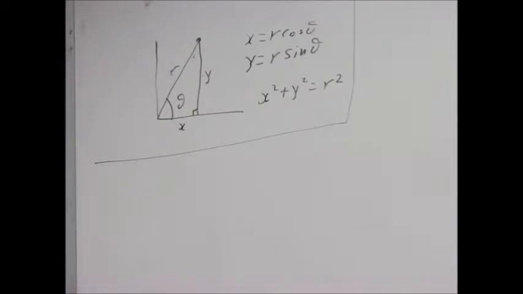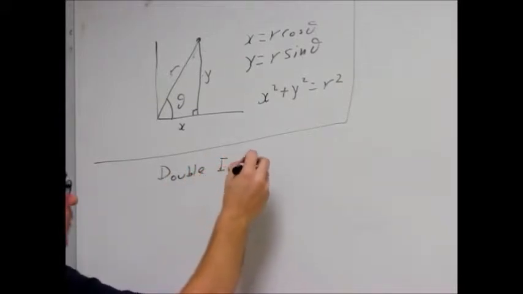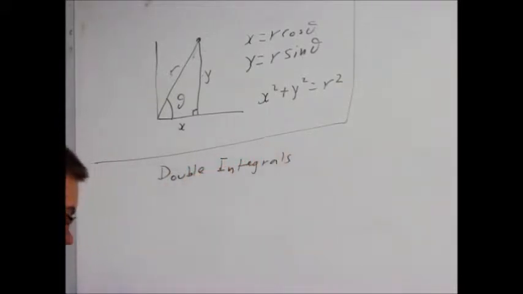So this is basically what you need to know for polar coordinates. Now, how do we put them into double integrals? Whenever we change coordinate system, sometimes we don't want to use x and y, and we want to use some other coordinates.